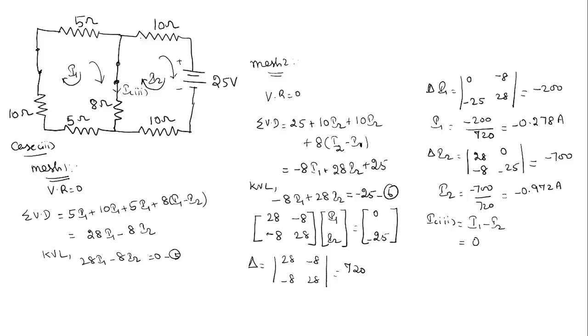So I1 is minus 0.278, and then minus of I2 is minus of minus 0.972. This minus and minus will become plus. On simplification, we will get 0.694 ampere. So this is the current in the third case.